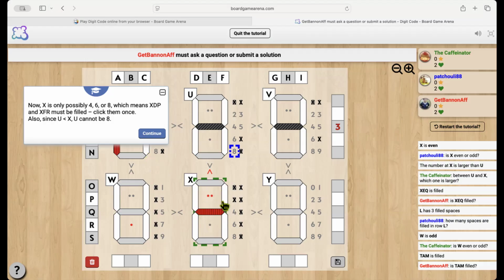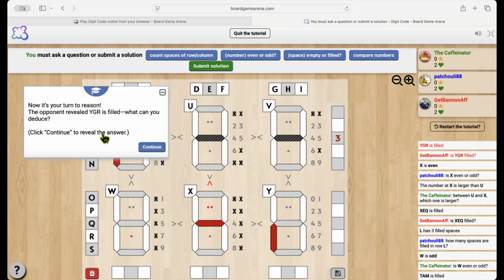It could be 4, because 4 would look like that, right? And it can be 6. So 6 and 8. So the X is bigger than U, so this cannot be 8 because neither of them can be 9.